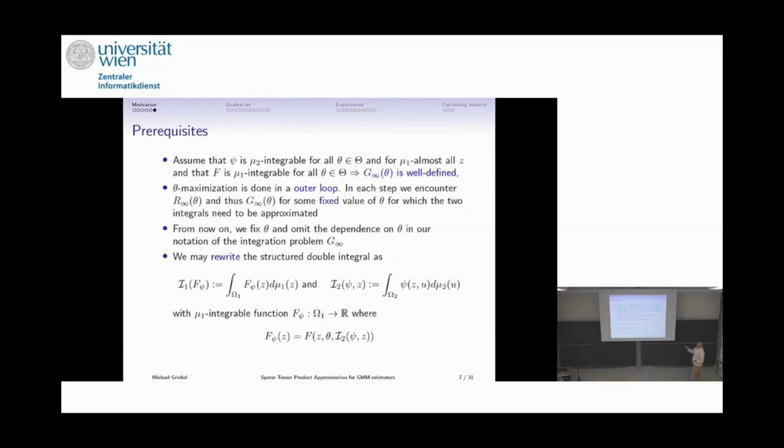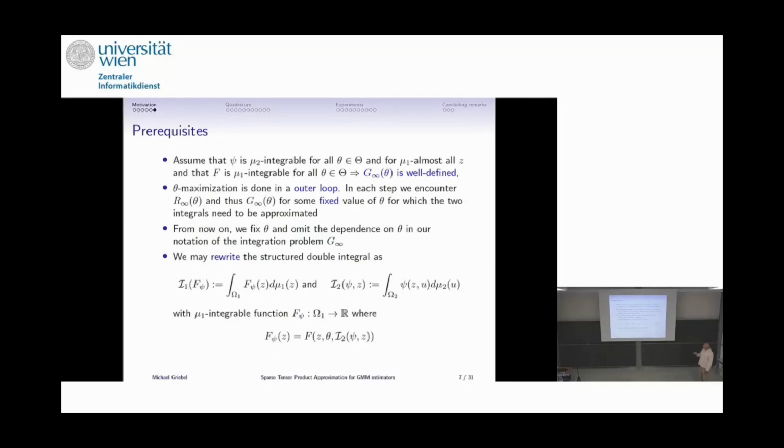You plug that in, oh, excuse me, we plug that in and get rid of the theta for now. We are concentrating on the double integral and not on the outer loop of maximizing the theta. For each fixed theta, this is a double integral. So this appears in the inner loop of the overall algorithm. Okay. And we fix the theta and forget the dependency on theta in our notation.